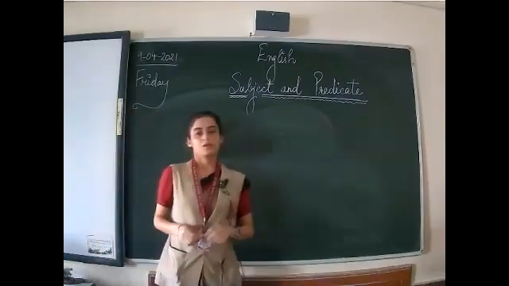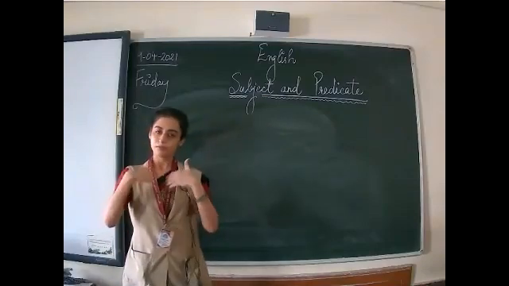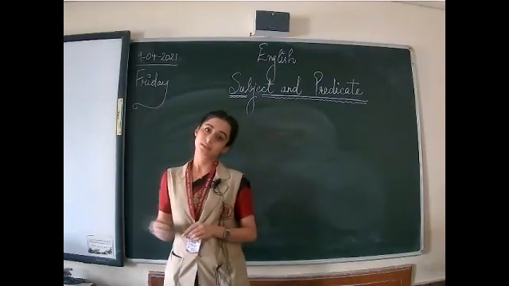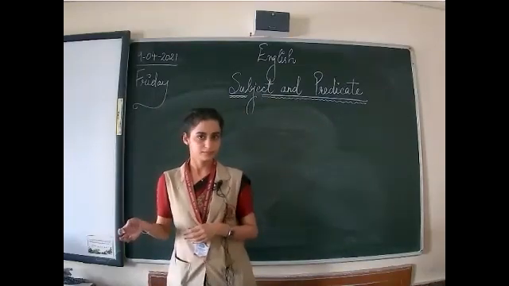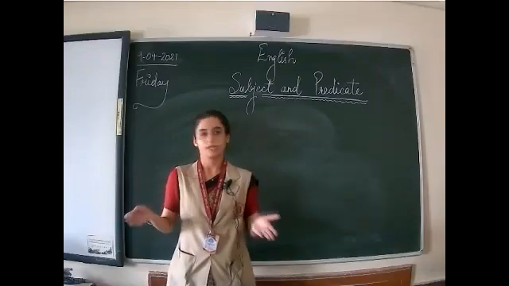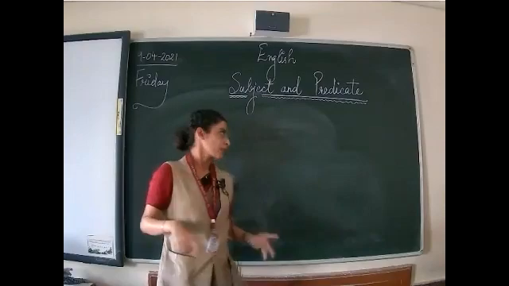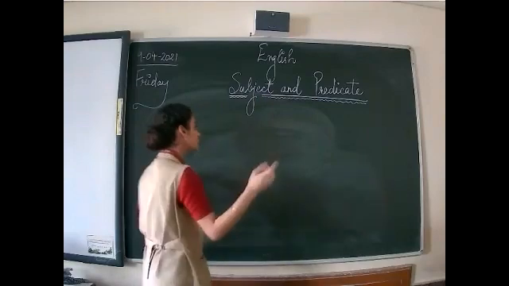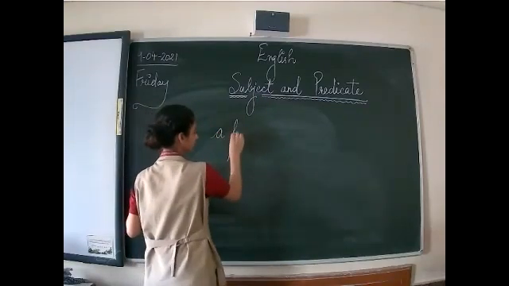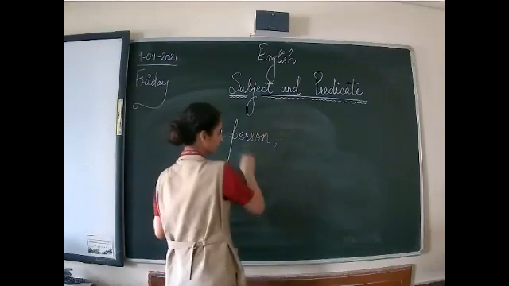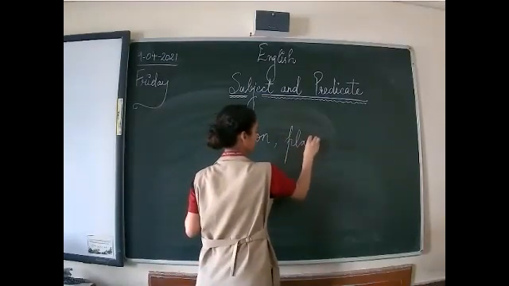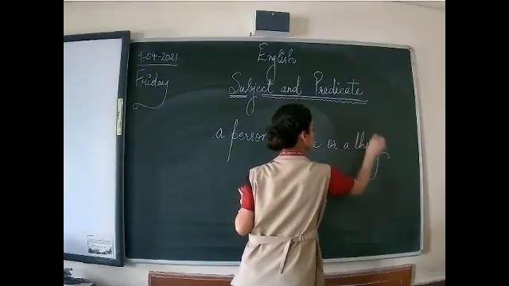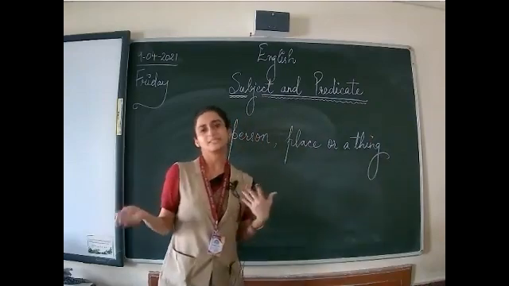Now, children, when we talk generally, we speak about a person, a place, or a thing in that particular sentence, right? So I'll just write it on the board for you. When we talk about a person, place, or a thing, I'm just talking on the general basis.